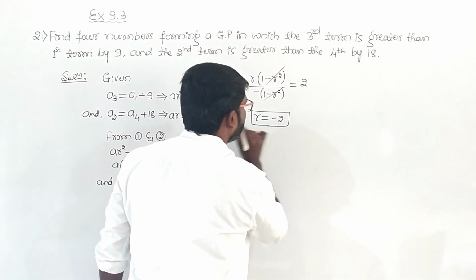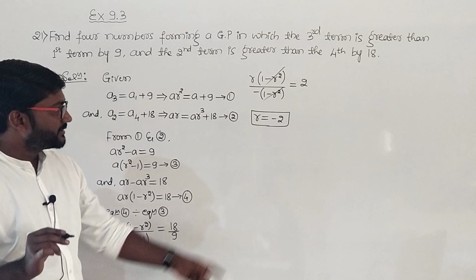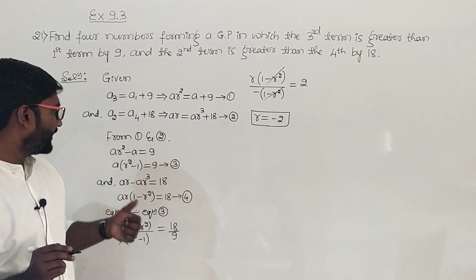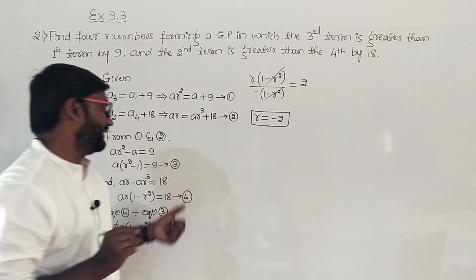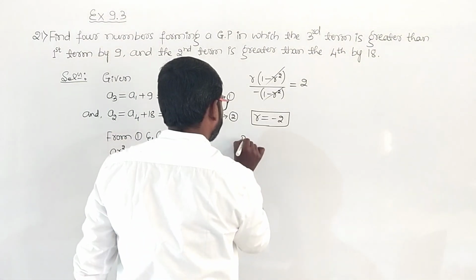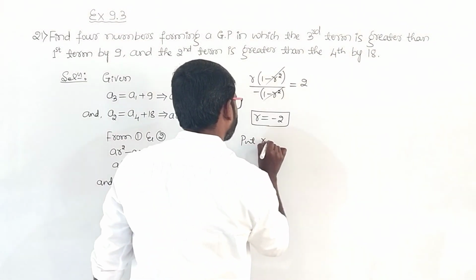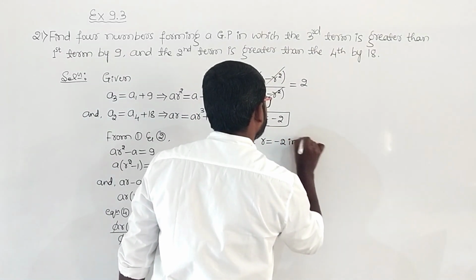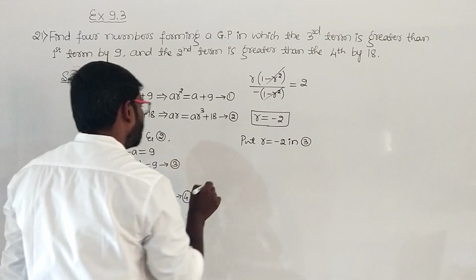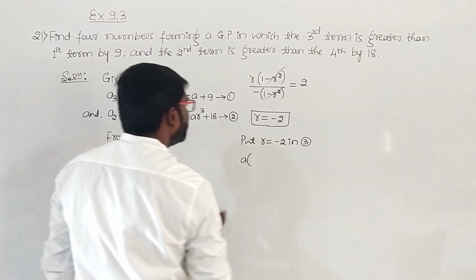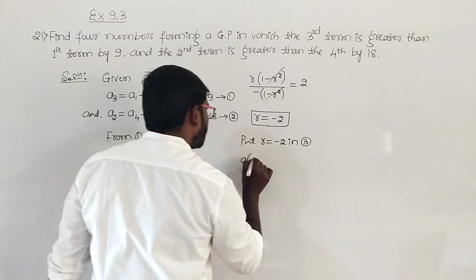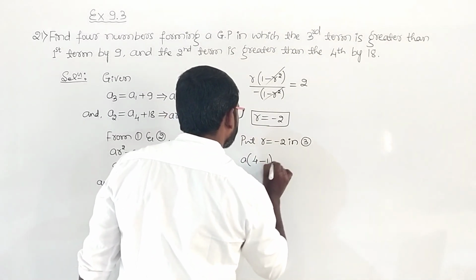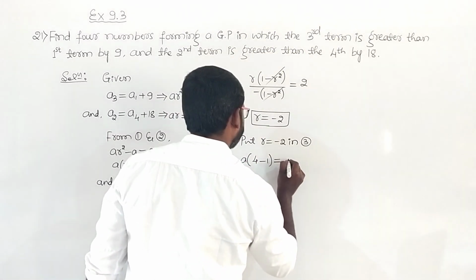So here the common ratio is minus 2. Substitute this in equation number 3 or equation number 4 to get the value of A. So put R equal to minus 2 in equation 3. So now A into R square, that is minus 2 squared, which is 4, then minus 1, equals 9.